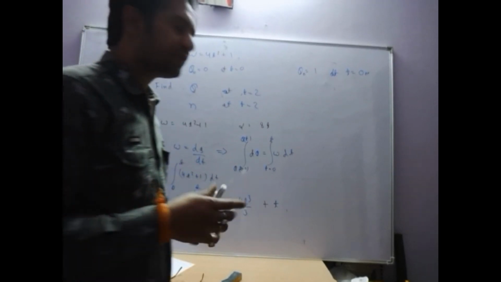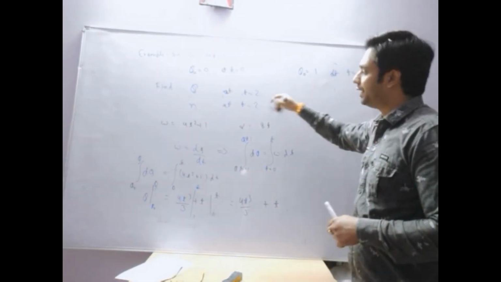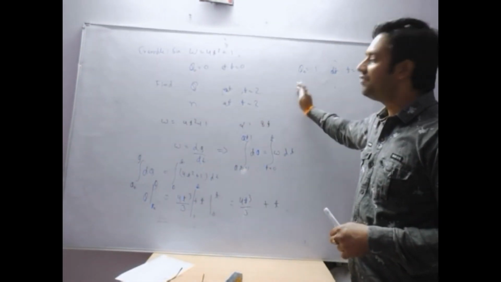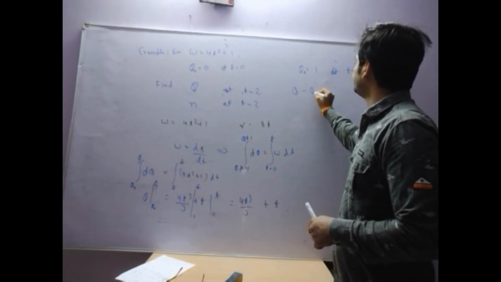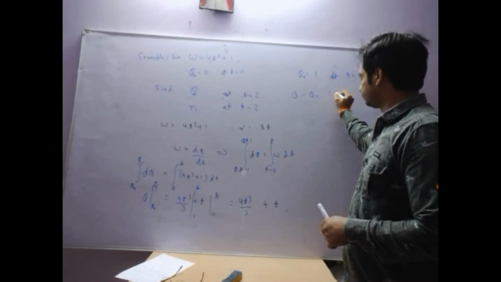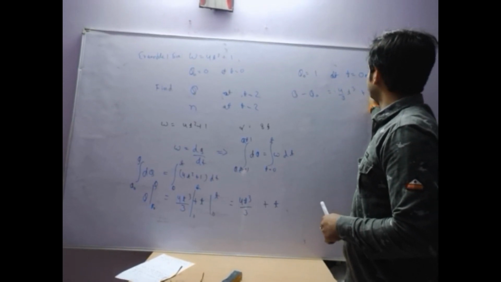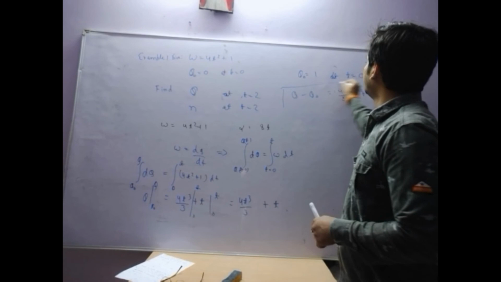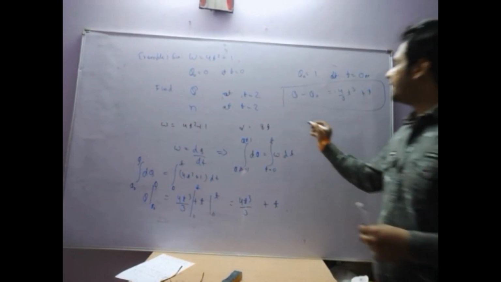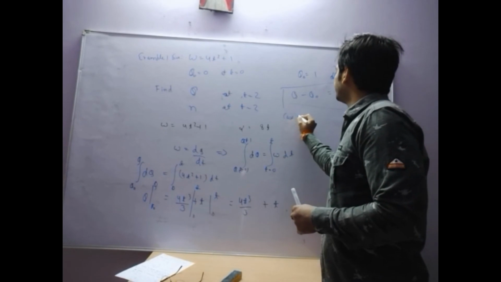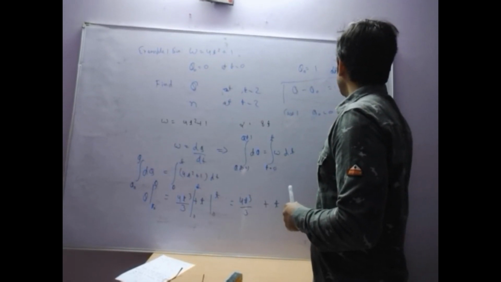I am going to write the resulting equation here because there is no space left. Now we can divide into case first and case second. For case first, theta naught is equal to 0 at t equal to 0.